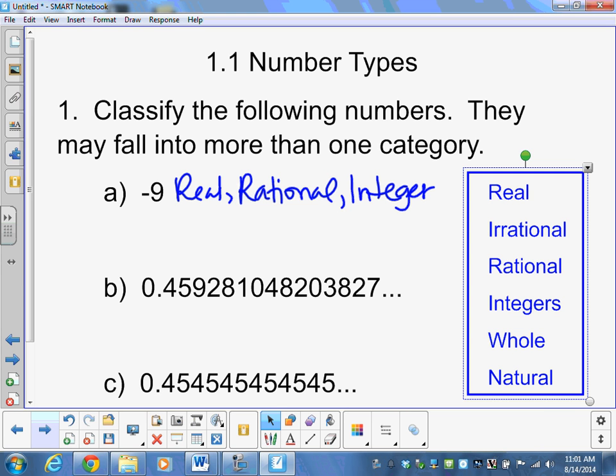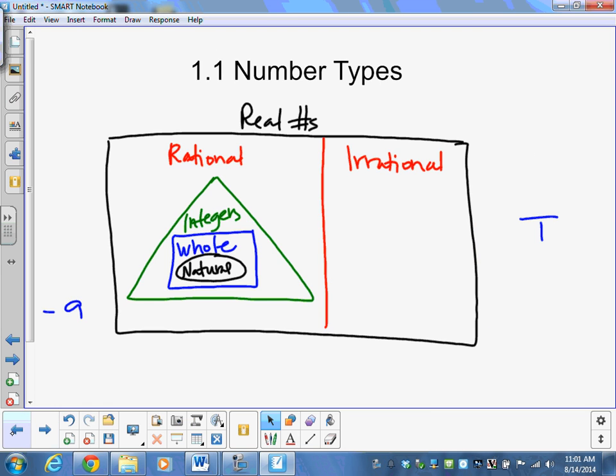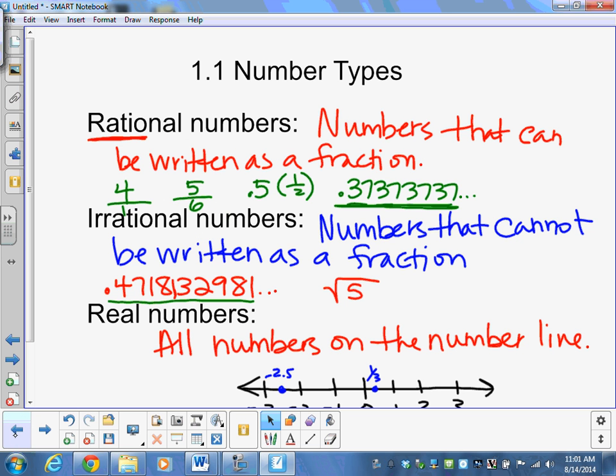Let's look at the next example. We've got a number that does not have a pattern, but it goes on forever and ever. So when we look back at our diagram, we said rational was fractions, irrational could not be written as fractions. And if we look back at our notes, we talked about how irrational numbers are the ones that don't have a pattern. Okay?